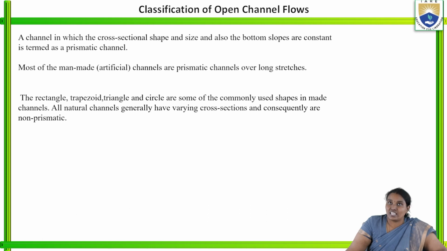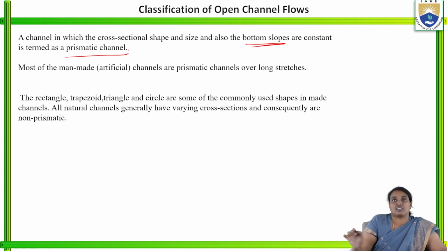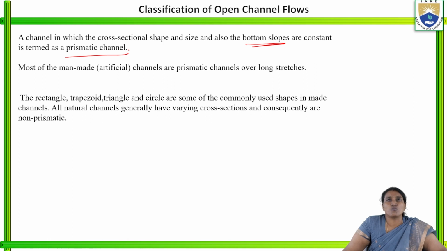When we are considering any channel, in that particular channel, the shape and size, also the bottom slope are constant, such a type of channel is termed a prismatic channel. Most of the artificial channels, the man-made channels, are prismatic channels over long stretches.